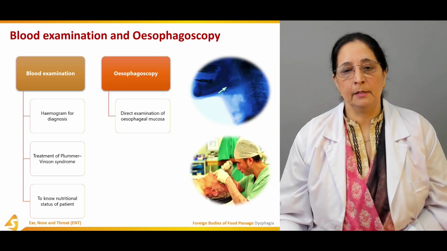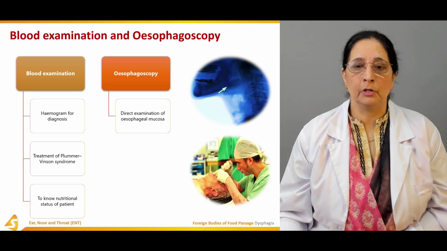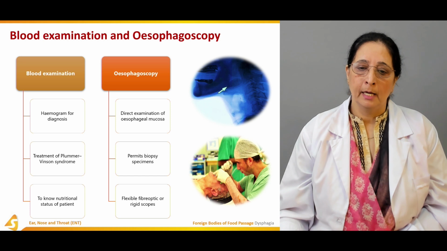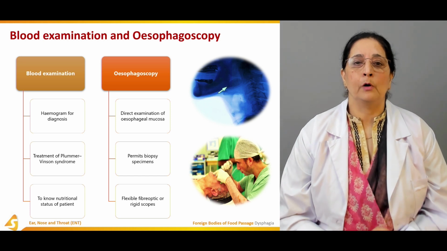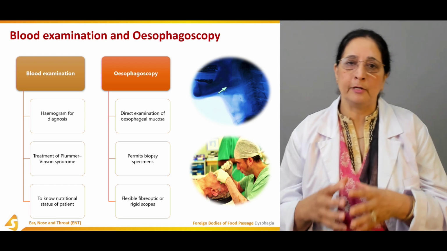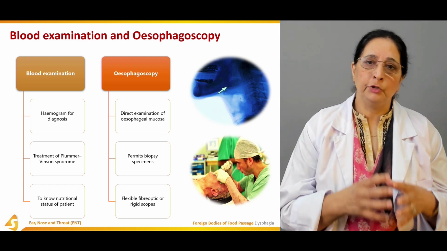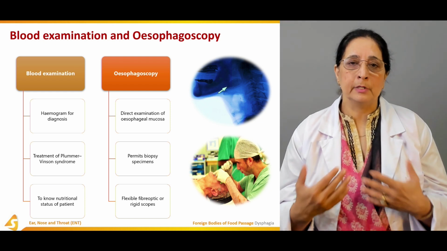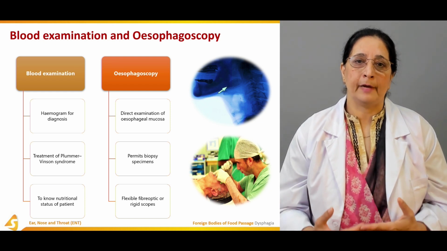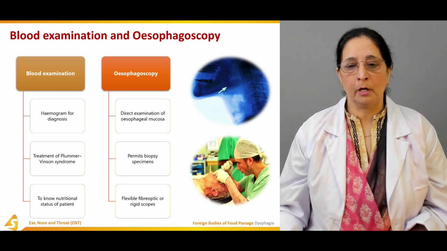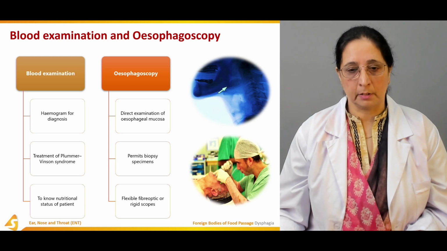Esophagoscopy can be done, which is direct examination of the esophagus, permits a biopsy specimen, and can be flexible, fiber optic, or rigid. We already mentioned the advantages and disadvantages, when we should use flexible, when we should go for rigid, and the difference in how cost effective each is. So we can use rigid or flexible esophagoscopes.